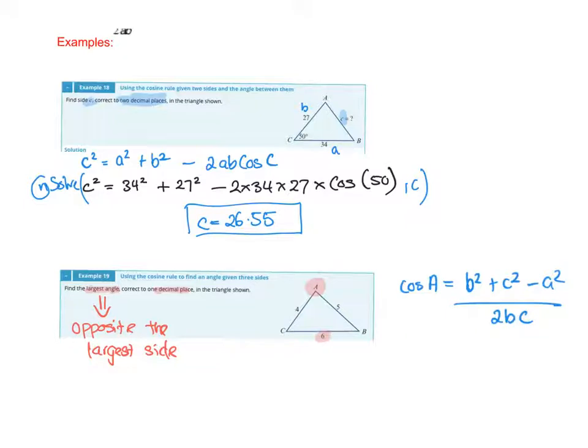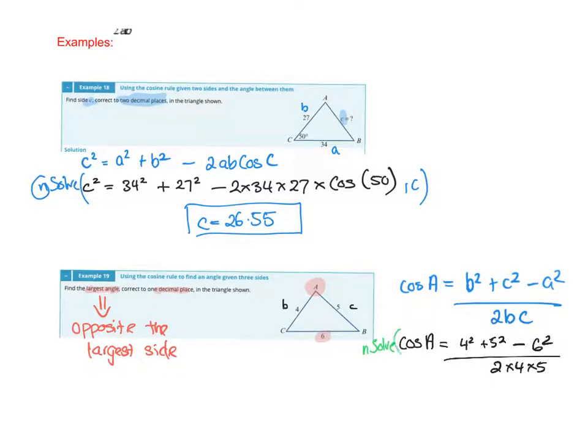So we just substitute in. cos A is what I'm trying to find. Here's little b because it's opposite, and this is little c. So I've got 4 squared plus 5 squared minus 6 squared over 2 times 4 times 5. Just pop in nsolve again.